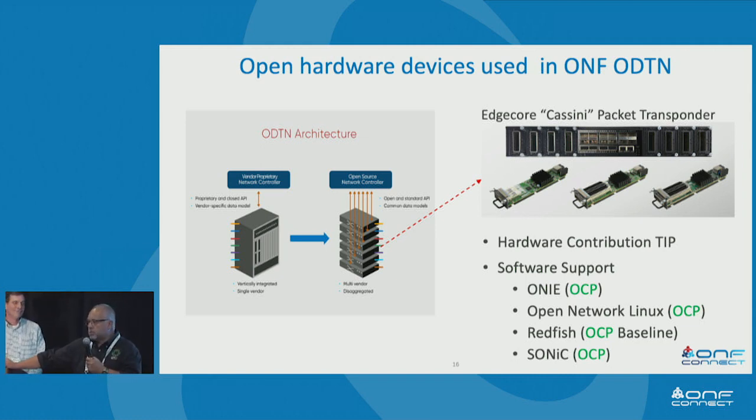ORAN, so on the hardware side, one of the big drivers is China Mobile and AT&T. We literally have calls every week with both of those organizations. Again, trying to understand how we not duplicate the efforts, how in ORAN, their licensing scheme is different.